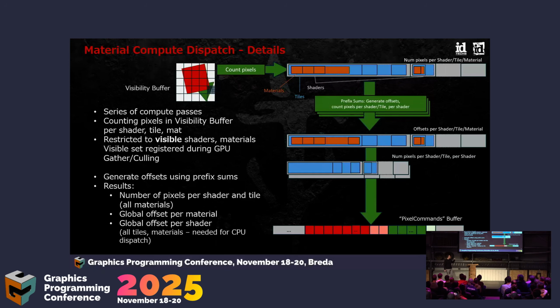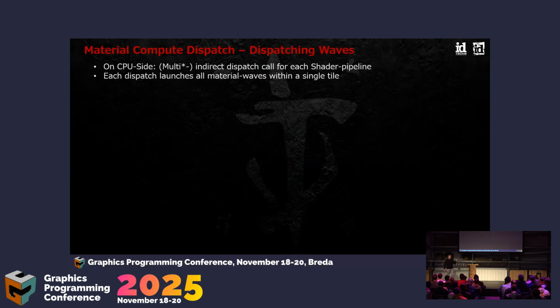And then we do the other compute passes from the previous slide, where we just write out the pixel command buffer coordinates. And from there, that's not in the slide here, we just build from the pixel commands buffer and the list of materials indirect dispatch arguments that we then launch from the CPU.